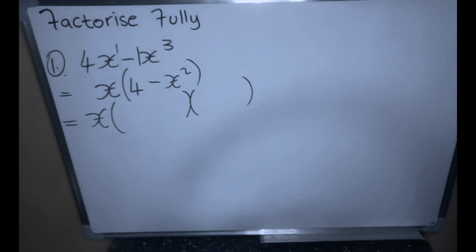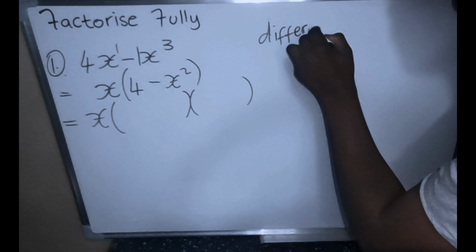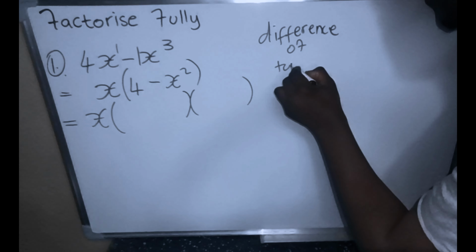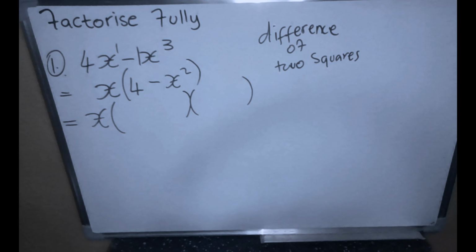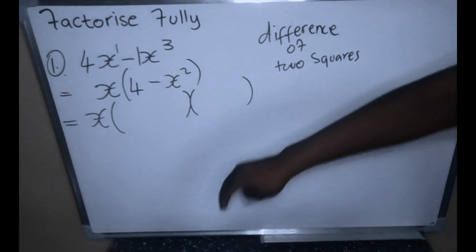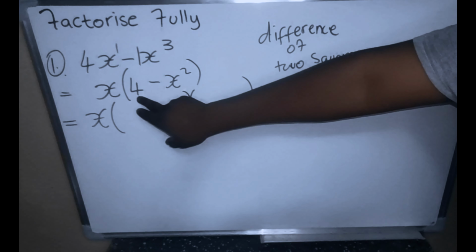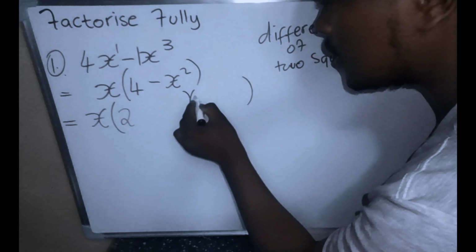In terms of the difference of two squares, you need to know how it works. Go back to your textbooks. Now, in this case, what are two terms that I can multiply to give me 4? Since 4 is an even number, 2 and 2 is going to give me 4.